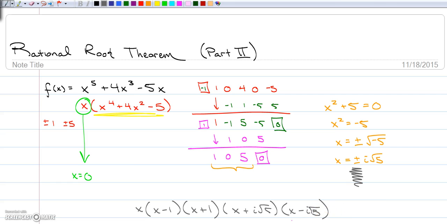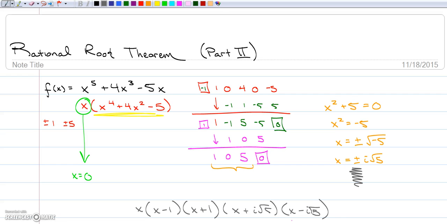That would be the factored form for the original standard form polynomial that we started with. The rational root theorem told us where to start, which numbers were my critical numbers to plug into synthetic division, but the second part of the rational root theorem says if I have an i or a radical, I should have the positive and the negative.